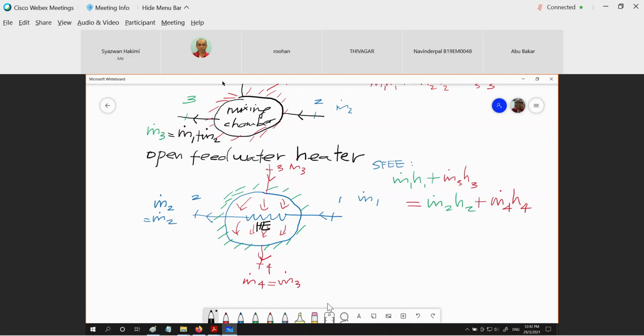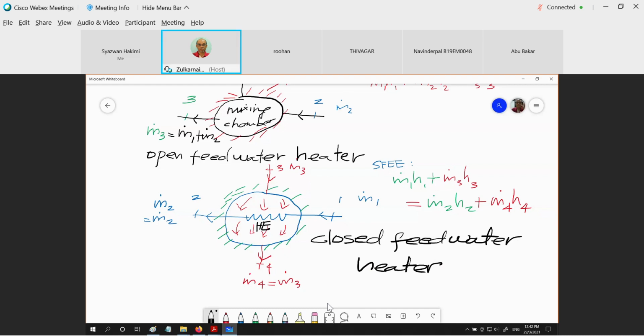Okay, this is called the open feed water heater, whose general name is mixing chamber. While the heat exchanger is referred to as the closed type of feed water heater. I repeat again, these are the flow devices that will be incorporated in our Rankine cycle in order to increase the thermal efficiency.